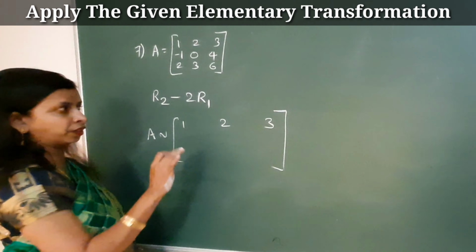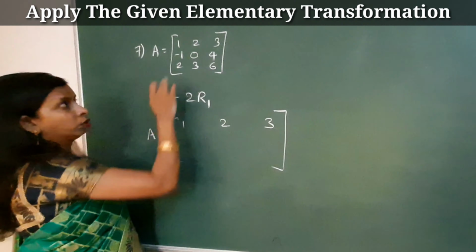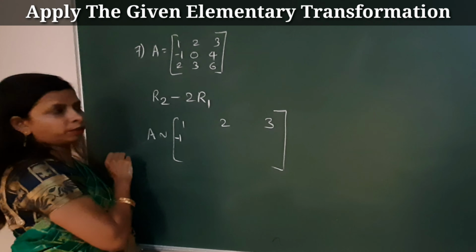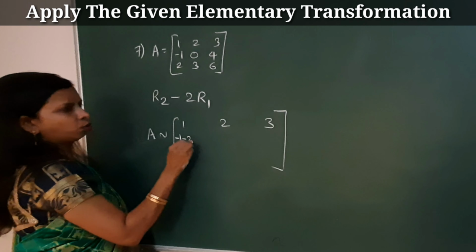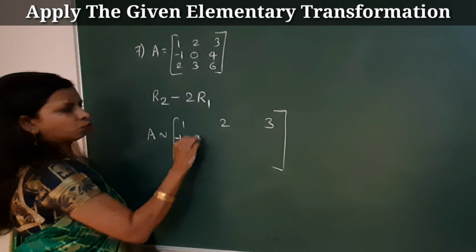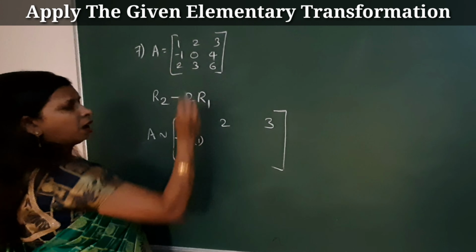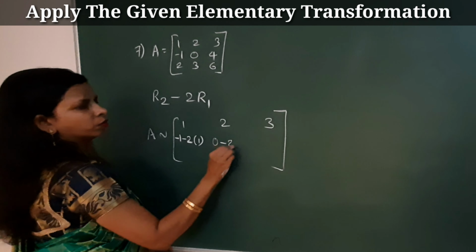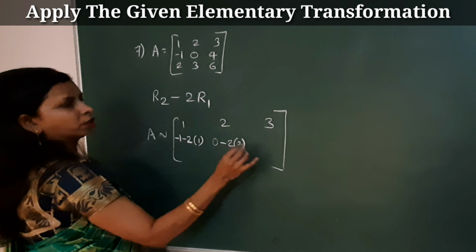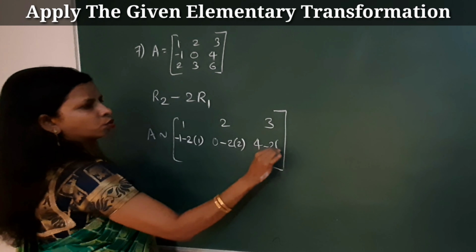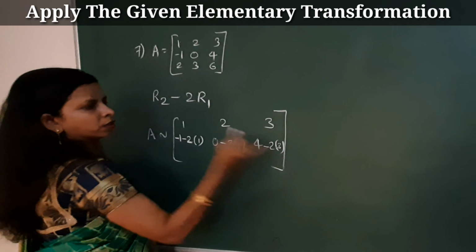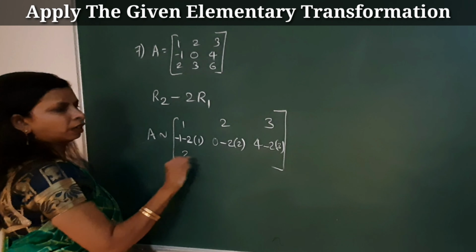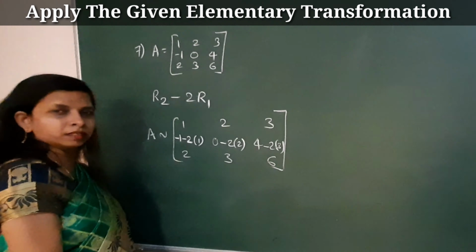R1 will remain unaffected. We are going to deal with R2. R2 is minus 1 minus 2 into R1, that is 1. Similarly, R2 is 0 minus 2 into 2. And the third one, 4 minus 2 into 3. What about R3? That will also remain as it is.